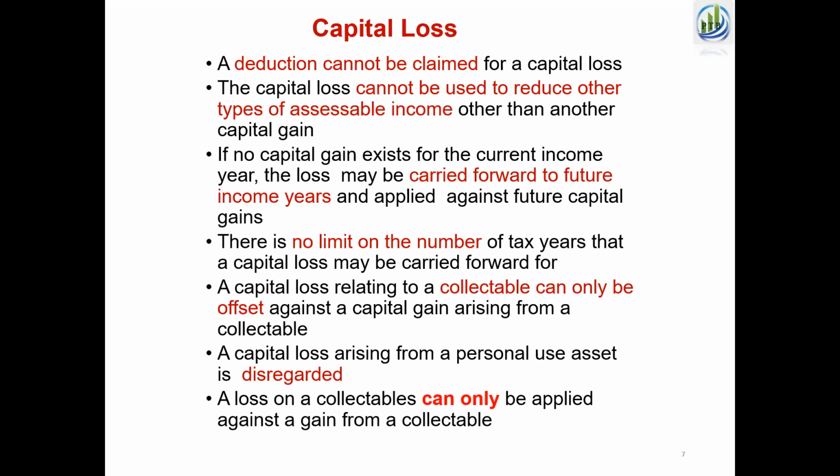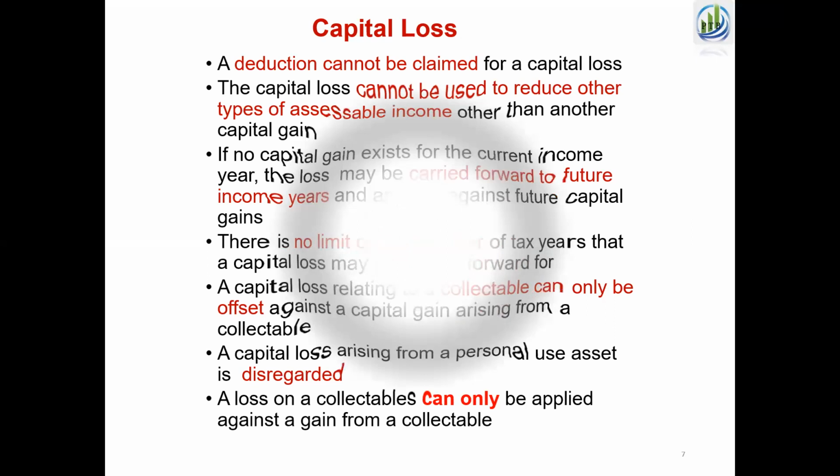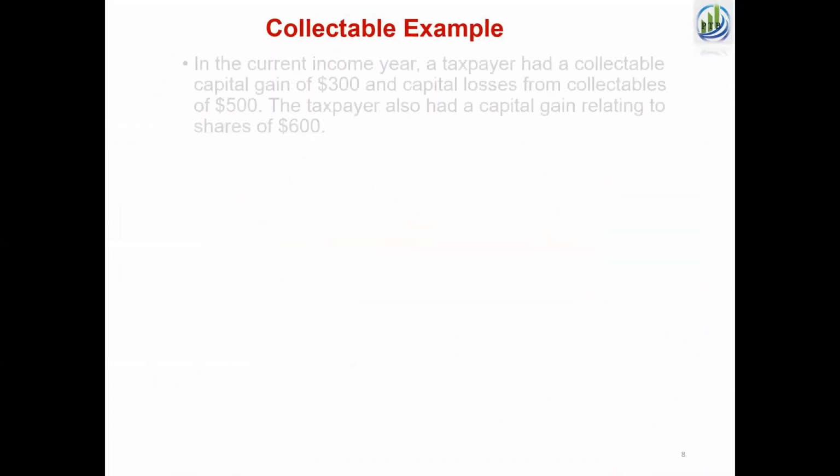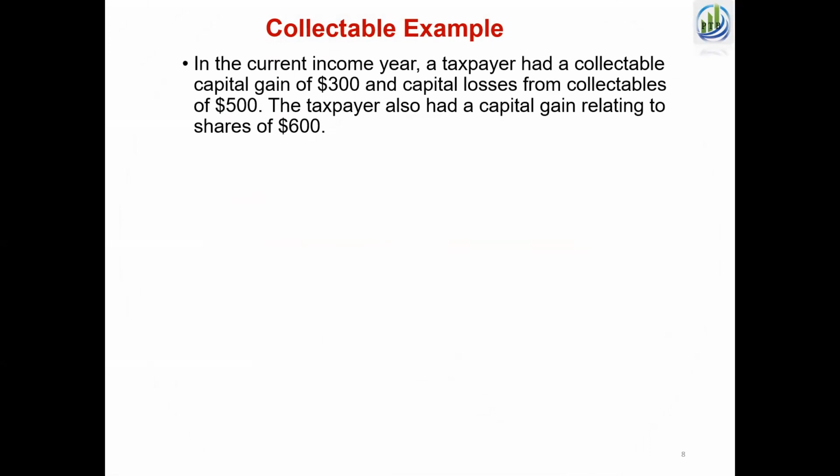Now I will explain this through an example. In the current income year, the taxpayer had a collectible capital gain of $300, say from jewelry. From a painting, he made a collectible loss of $500. And in the same year he made a capital gain from shares of $600.